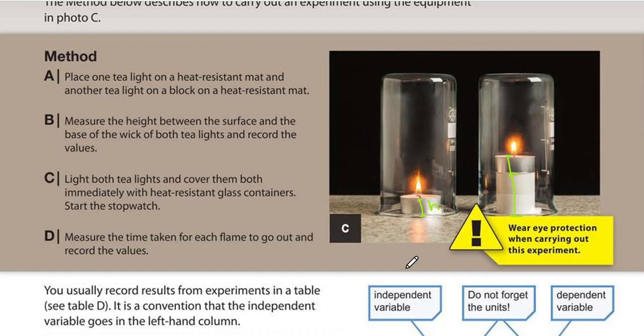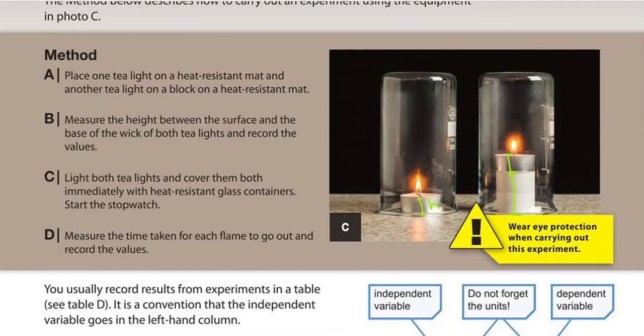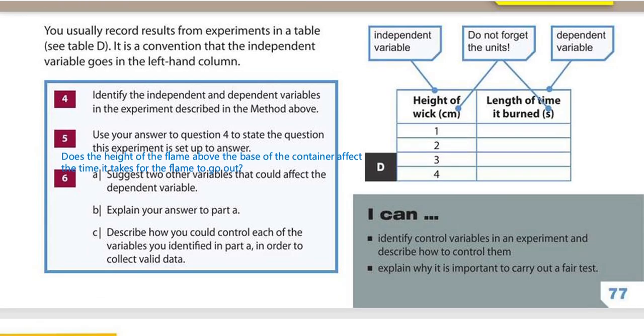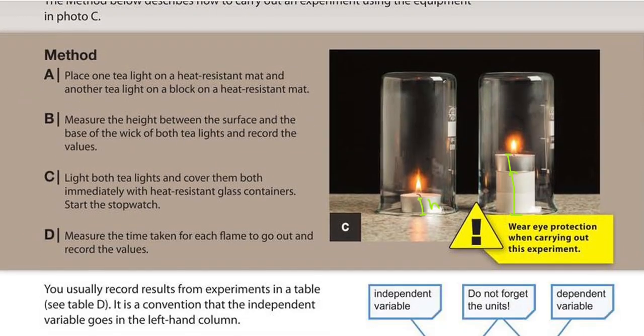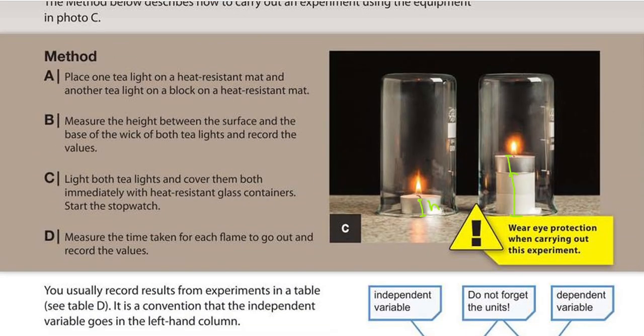So what you have to think about is 2 other things, 2 other variables that need to be controlled, otherwise they are going to have an effect on the dependent variable we are checking. Okay, so I'll keep this screen for a few seconds. You can go through it, look at the picture and see which 2 other variables could have an effect on the dependent variable.